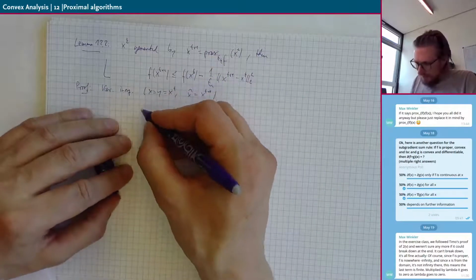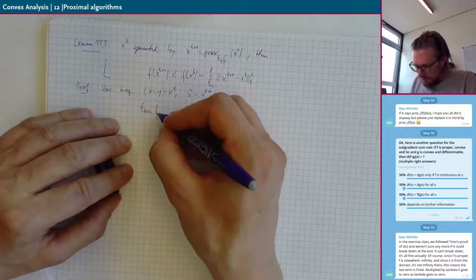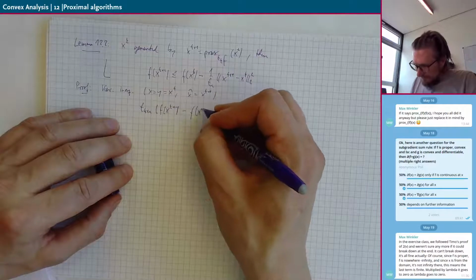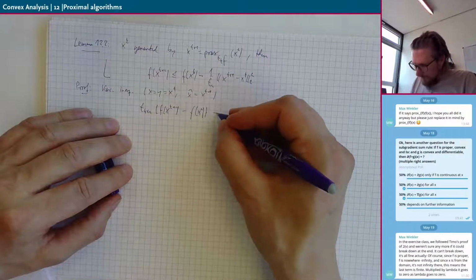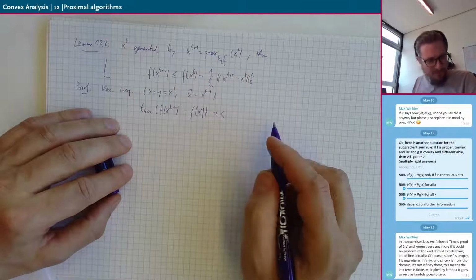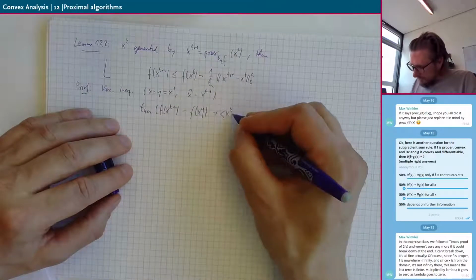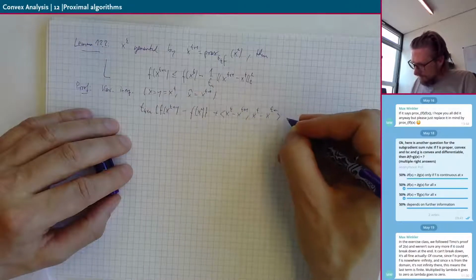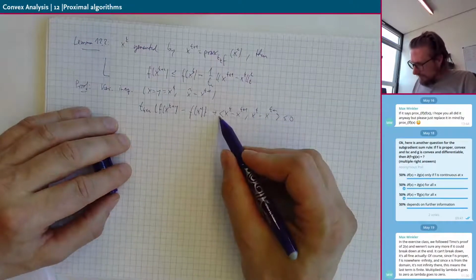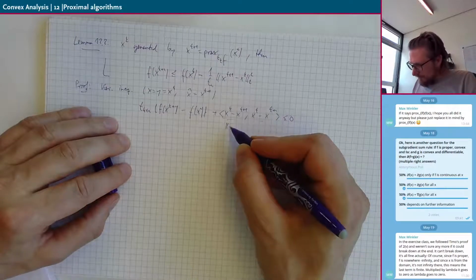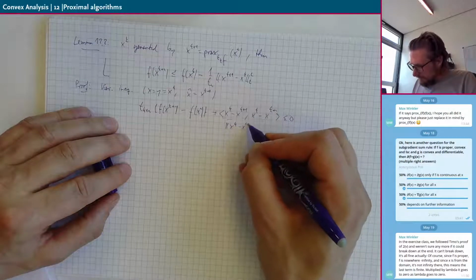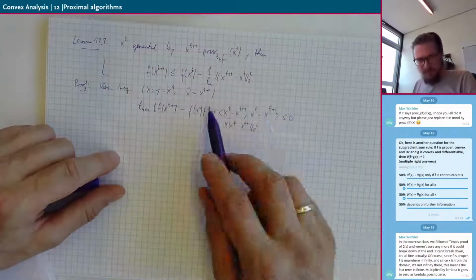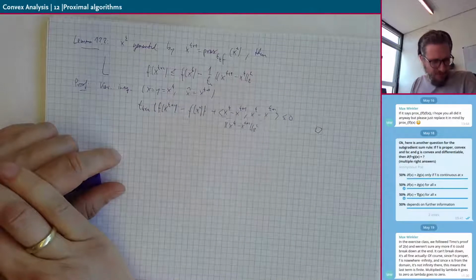And this shows that if you take tk plus 1 times f of xk plus 1 minus f of xk plus, and then here in this inner product which you have in the variational inequality, you have 2 times the same thing. So like this, and this is actually now the norm squared, and then that's it. You bring this to the side, divide by tk, and bring this to the side. That's already it. So that's actually very straightforward.